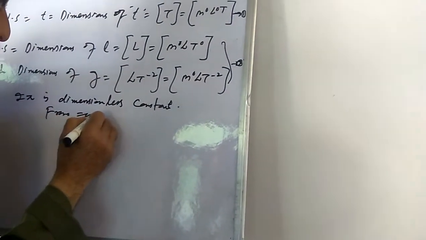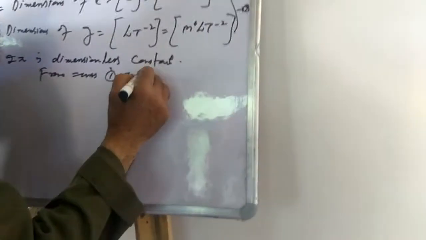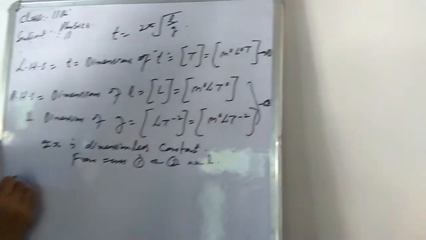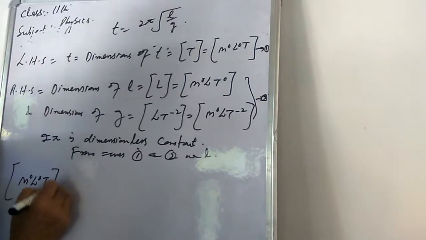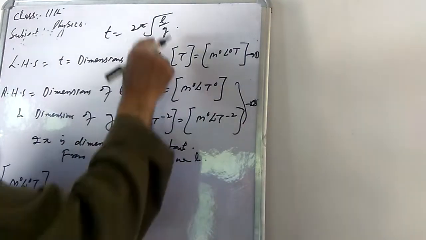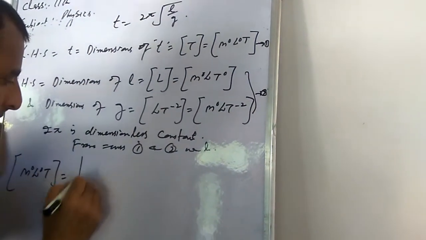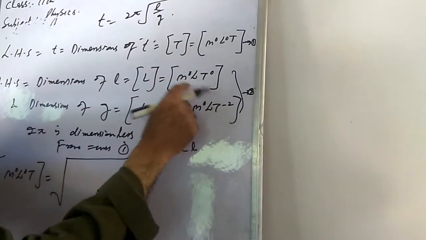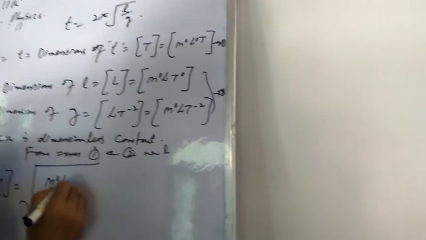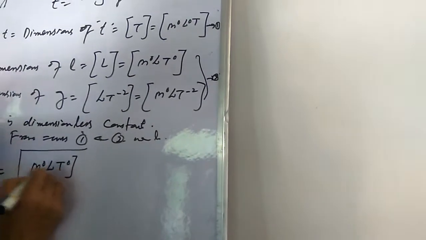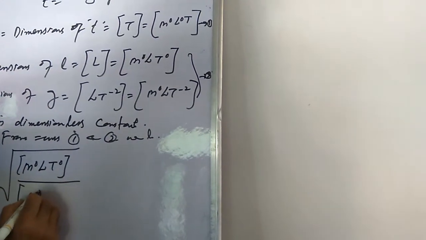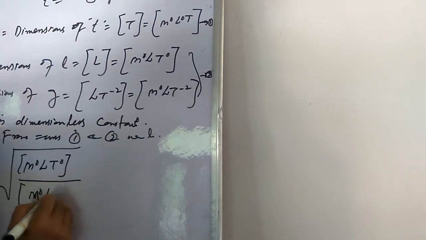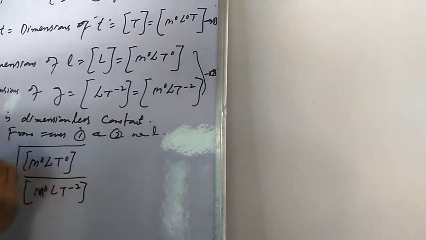From equations first and second we have: look at T, it is equal to M0 L0 T is equal to 2 pi, a dimensionless constant, so we will not write it, under root of dimensions of L, here it is M0 L T0, divided by M0 L T minus 2.